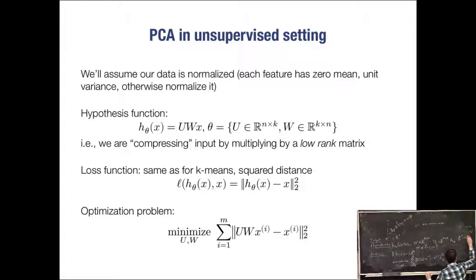We'll talk in a second about what the individual terms mean, but the hypothesis is just the complete compression and decompression process. So it outputs something that's the same size as my original input, and I want to make that as close as possible to my original input. So you're reducing dimensions and then inflating it back up. And I want to know how to do the best job of that using linear functions.